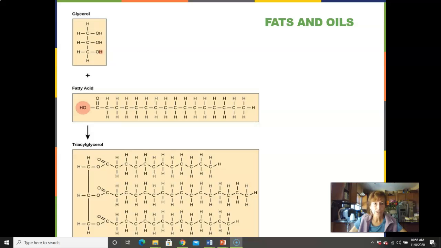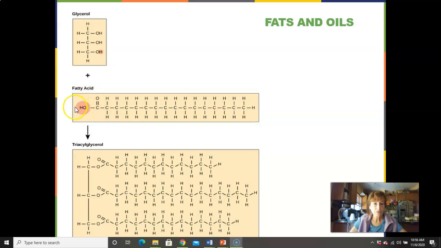So glycerol at the top, notice it has that OL at the ending. It has all those hydroxyl groups on it. So it would be in that alcohol category, because of its functional groups. This is the backbone that forms these triacyl molecules. And the fatty acid is the one right below in this box.